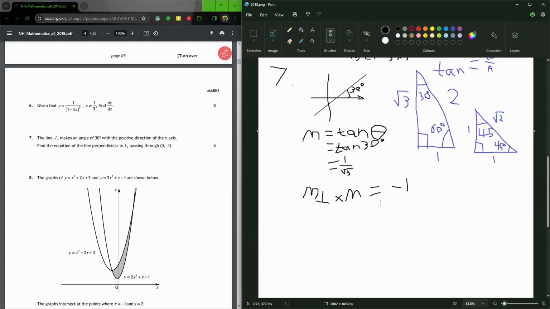Okay? So yeah, this does make sense, right? Because if I have a line that's just going up by 1, the one that's perpendicular will be going down by minus 1, and so forth. Some people may struggle with this, and may look at this and go, oh my god, what am I supposed to times 1 over root 3 by to get minus 1?